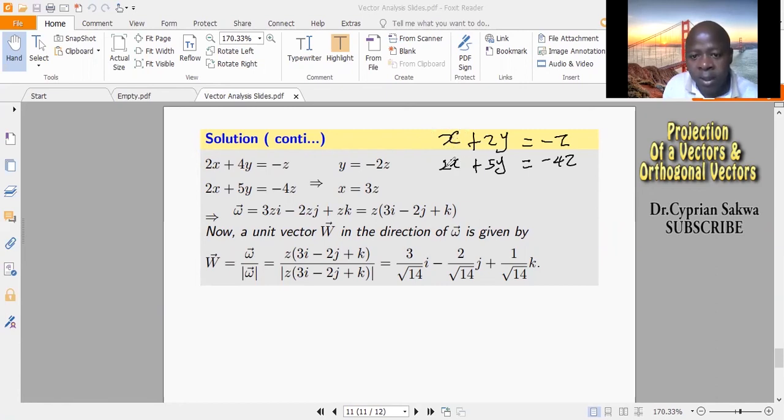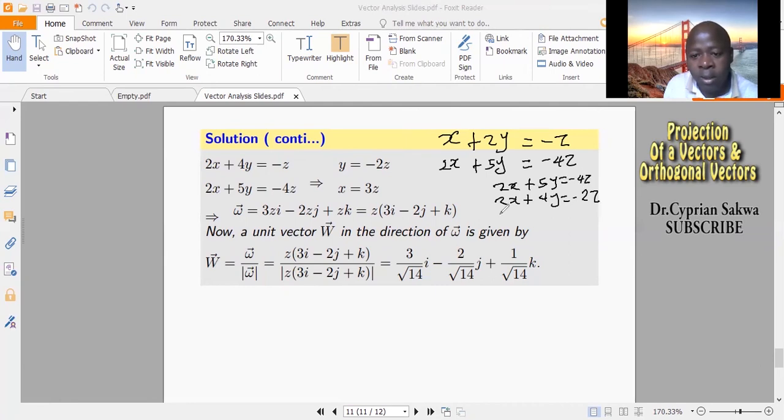Good. Now, at this point, I wanted to eliminate x. So this is equation 1, this is equation 2. I decided to multiply equation 1 by 2, so I get 2x plus 4y equals negative 2z. And this other equation is just 2x plus 5y equals negative 4z.